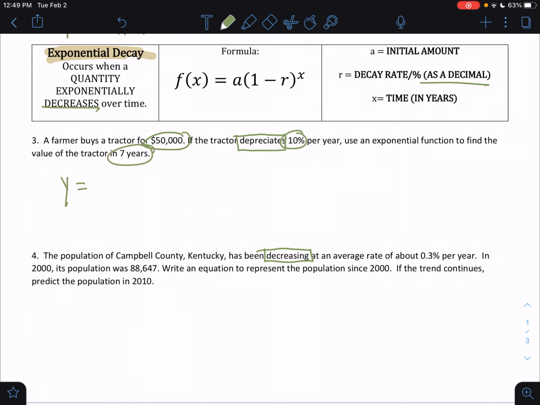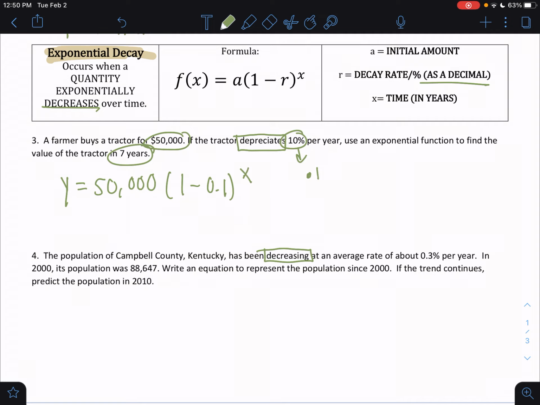So y equals our initial amount times 1 minus, and we have r, 10% as a decimal, is 0.1. So we're going to do 1 minus 0.1, and that is to the x.